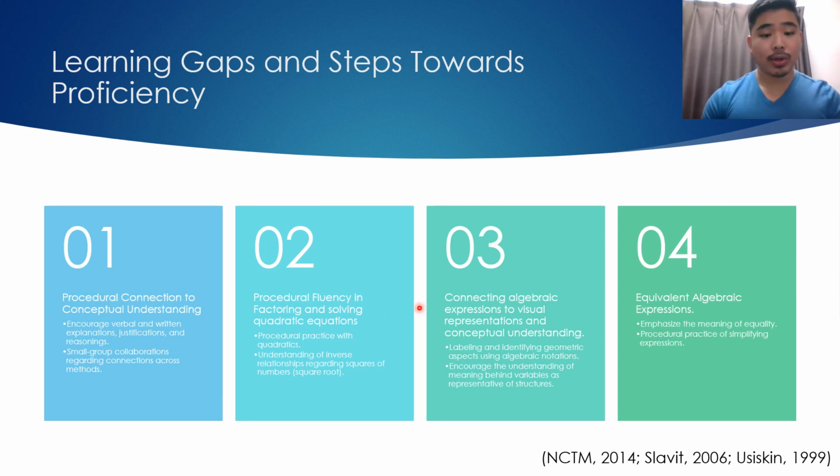For the second learning gap, procedural fluency in factoring and solving quadratics, I feel like this is more of a procedural focus, and they needed a little more practice with how to solve quadratics and understanding the inverse relationship between squares and square roots. Now, my Algebra 1 students had not encountered this yet, so it's not necessarily a learning gap in terms of not having learned it prior.